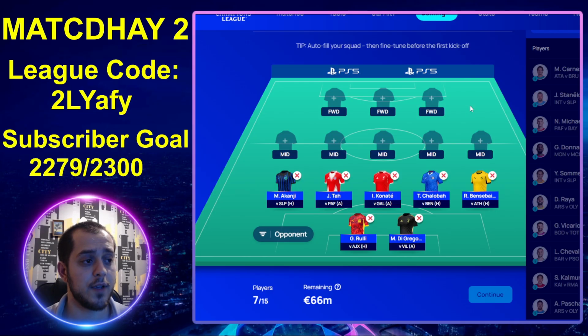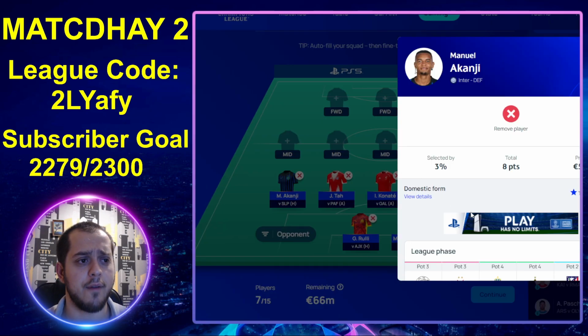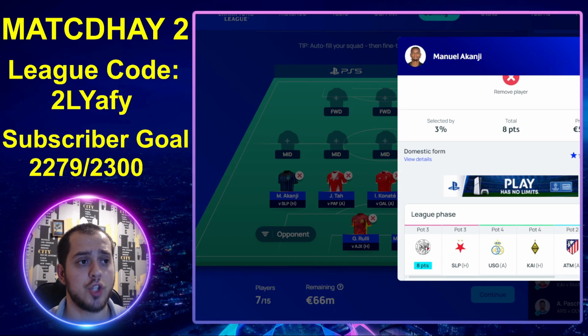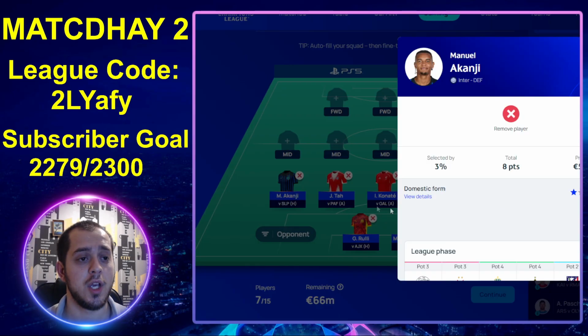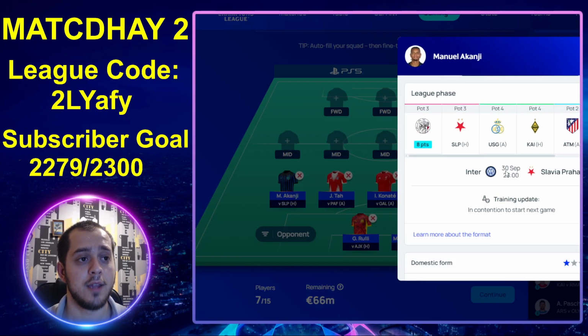Next, in the defensive line, I'm going to start with Akanji from Inter. I've talked in every episode about how Inter had a great beginning and great fixtures, and his ownership is 3%, while Akanji plays almost every match in the Inter starting lineup. The next match is against Slavia Praha at home, where Inter is able to have a clean sheet.